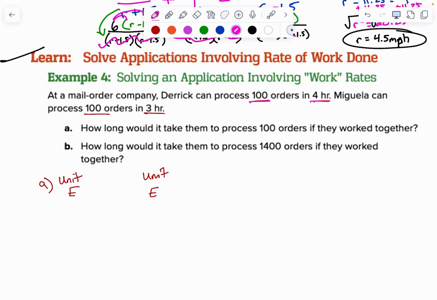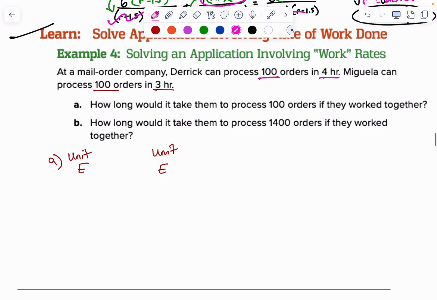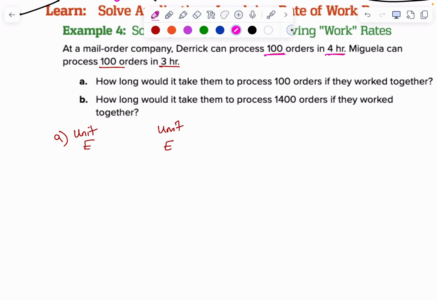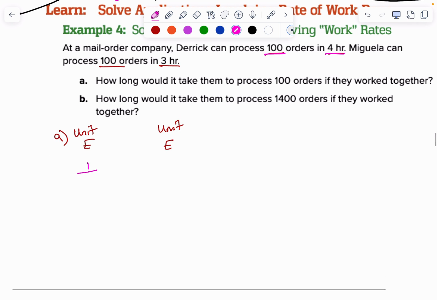So what fraction of his orders does he do in an hour? 25 orders in an hour. Is this how this works? He will do 1/25 of his orders in an hour. Is that true?